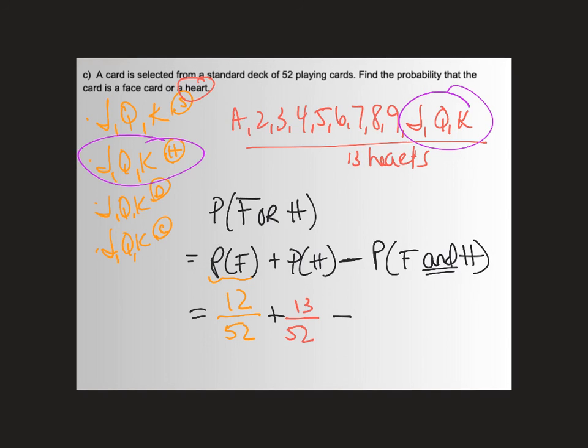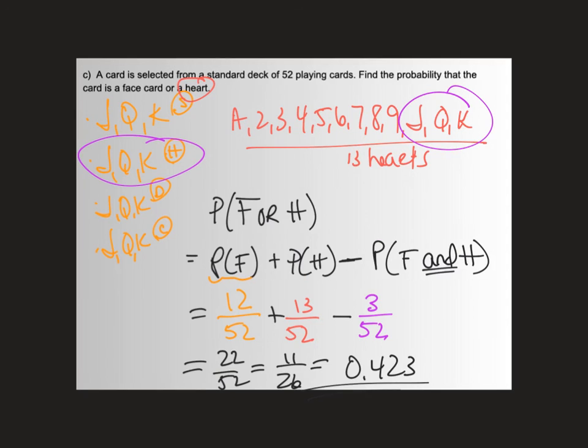There are 3 out of 52 cards that are both face and hearts. So when you simplify this one, you get 22 out of 52, which simplifies down to 11 over 26, which is 0.423. Okay, day 1's done.